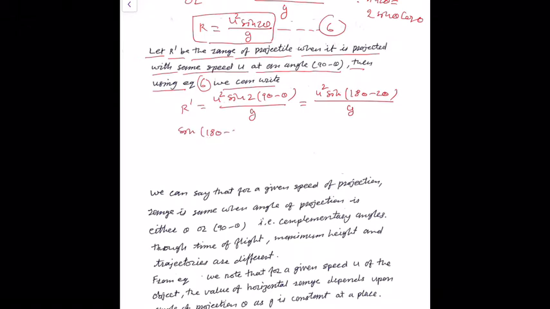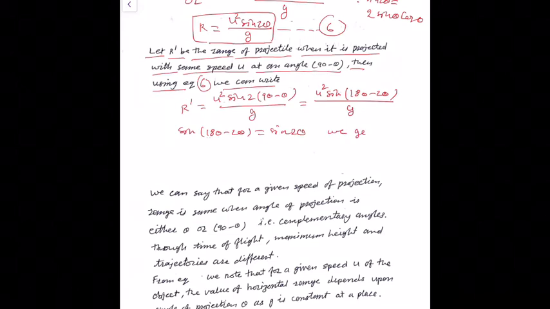We know that sin 180 minus 2 theta is equal to sin 2 theta. Hence, we get r dash is equal to u square sin 2 theta upon g is equal to R.